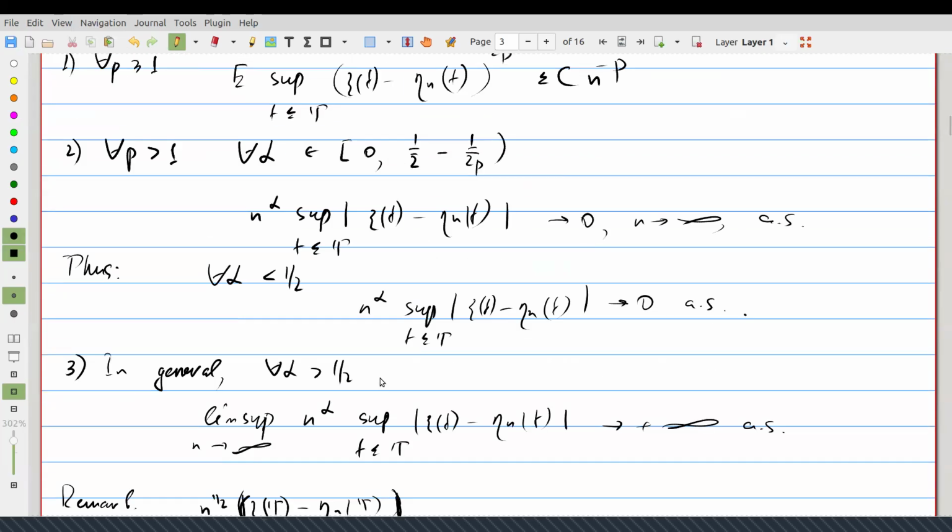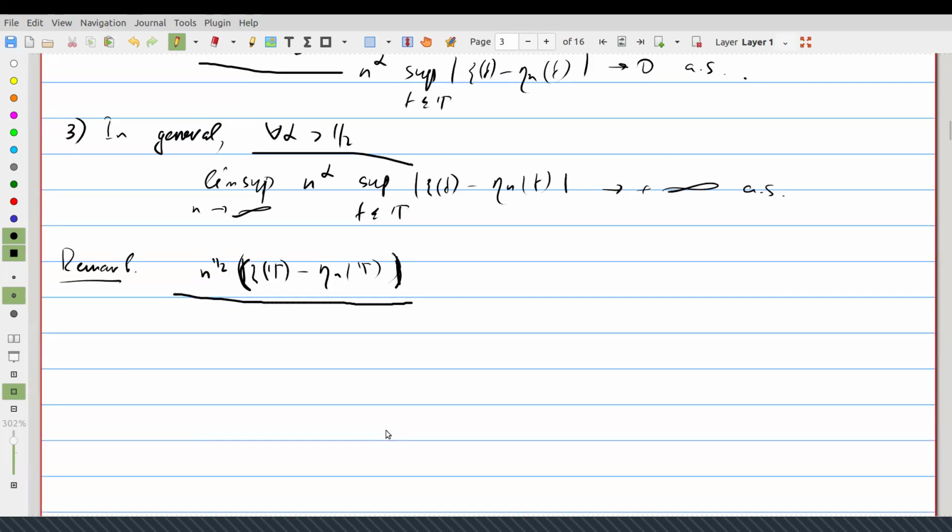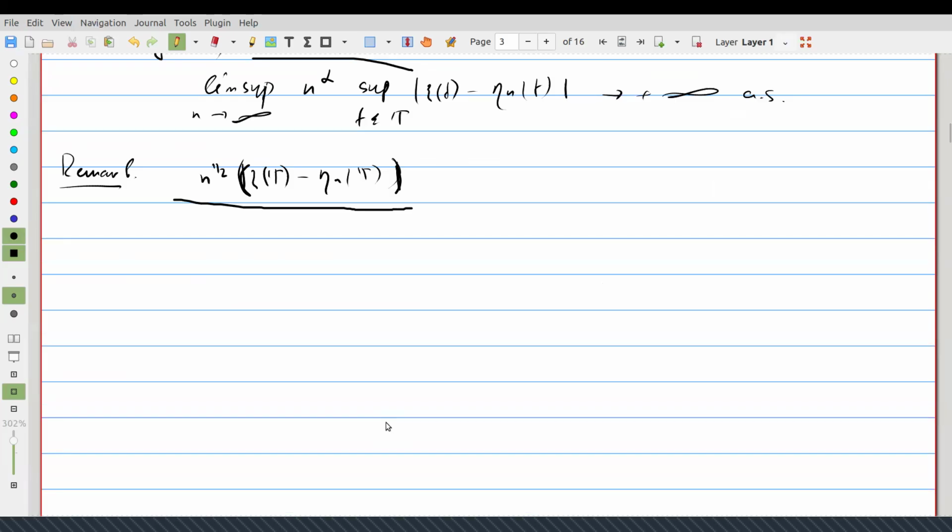So it falls exactly in between of these two cases. So these rates are sharp. You cannot go above 1/2, you can go 1/2, you cannot really go beyond 1/2. And this is quite a recent result, it's like 90s. I think it's due to Protter, Kurtz, but I don't really remember.